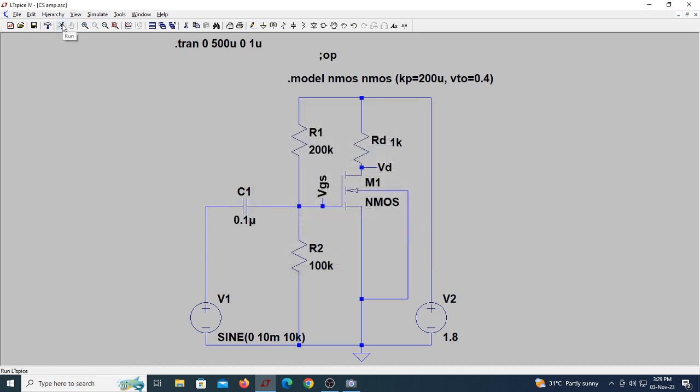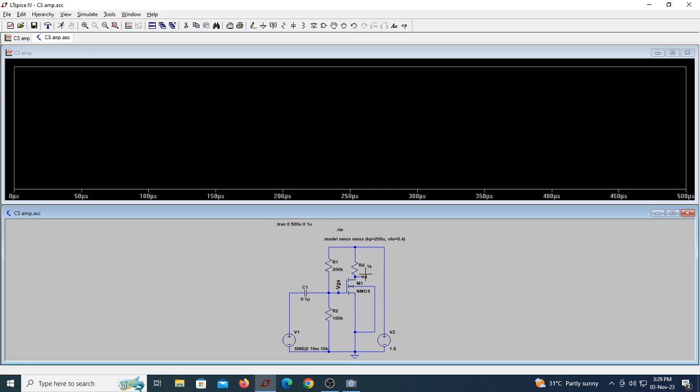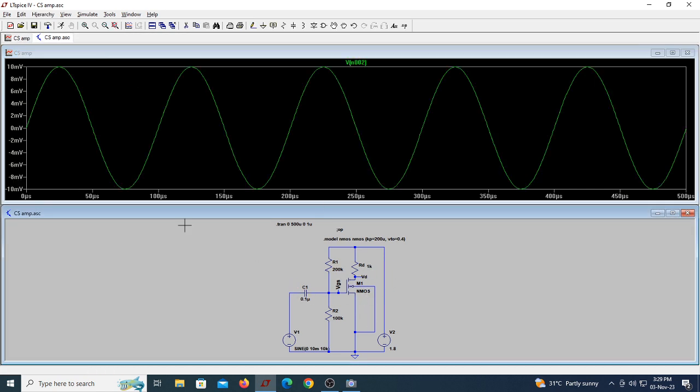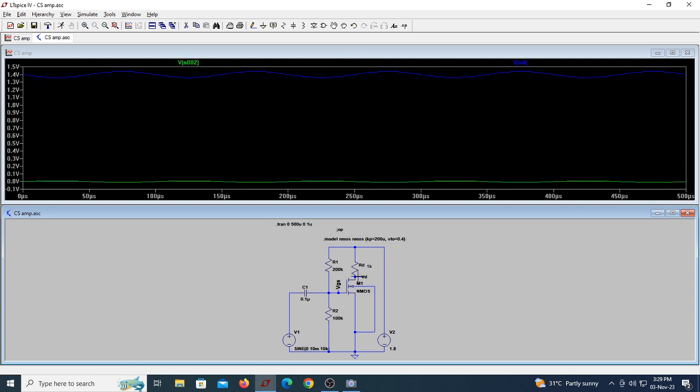Let me run this. You can see this is my input signal. You can see 5 cycles, 1 2 3 4 5. I can see what is output. So you can see output is around 1.4. It keeps oscillating there.